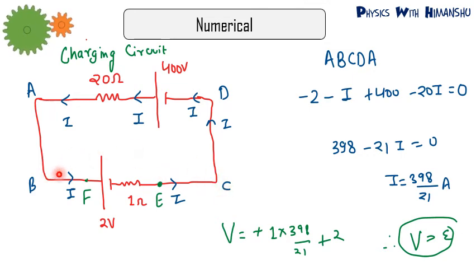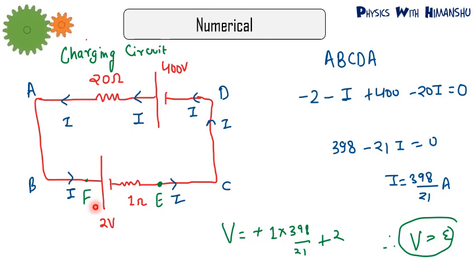So from C to B, current is from B to C but we are coming from C to B, so plus 1 into 398 by 21, and then we encounter the negative terminal first, so we write plus 2. If you see, the TPD is more than EMF, because EMF is 2 volt but TPD is 398 upon 21 plus 2. So when you are charging a battery, TPD will be greater than EMF.